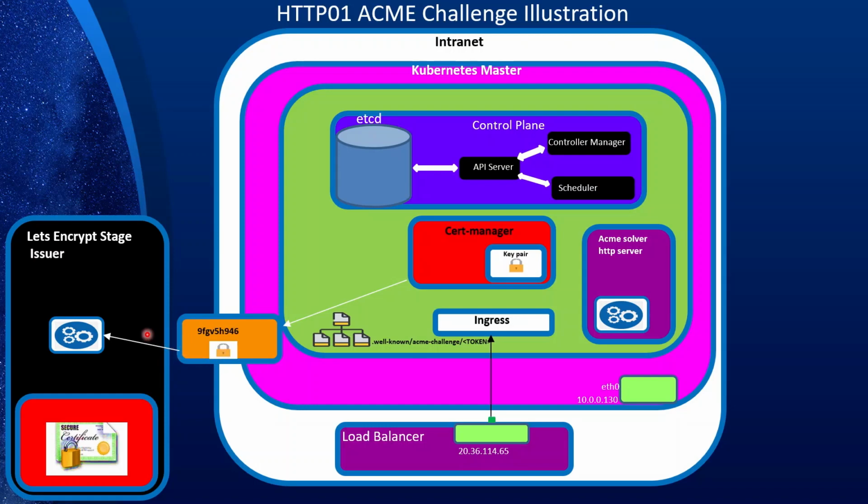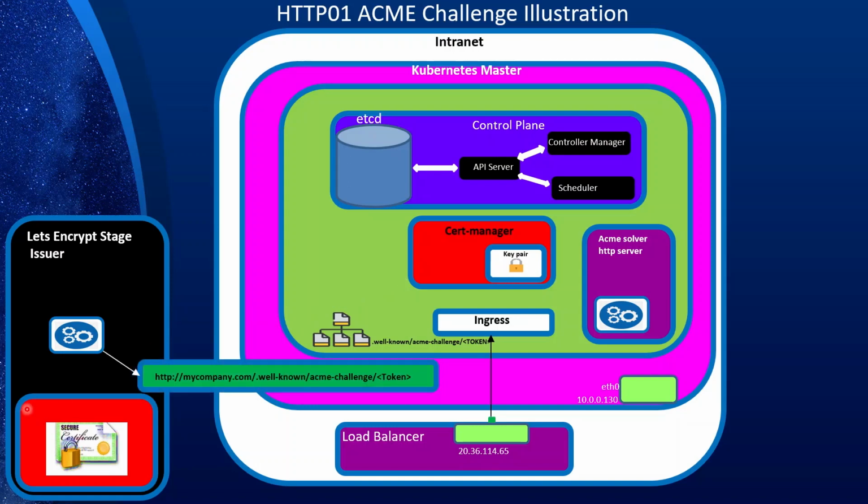If it's valid, then it calls this URL, http://mycompany.com, and the request goes through the load balancer, through Ingress, and then comes to the server, and tries to retrieve this token. So if it all goes well, then at that point a certificate will be issued for the requester.